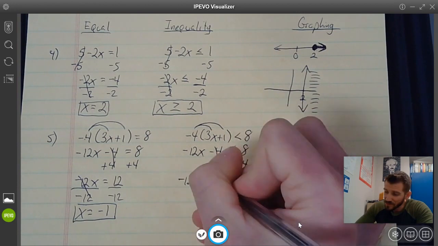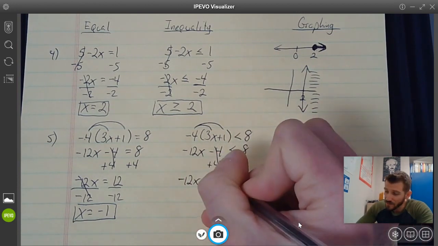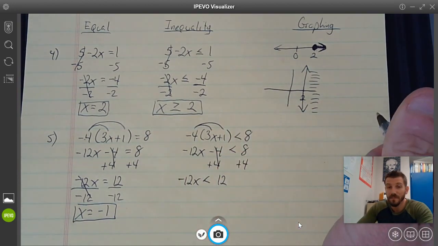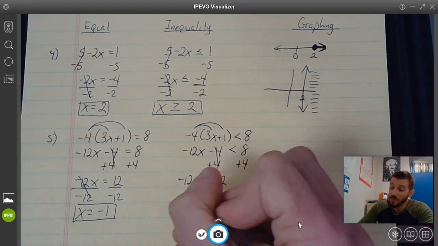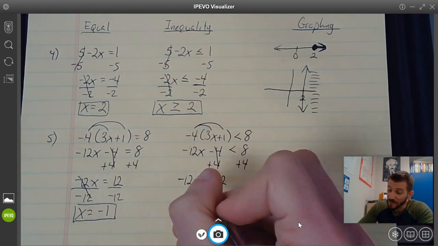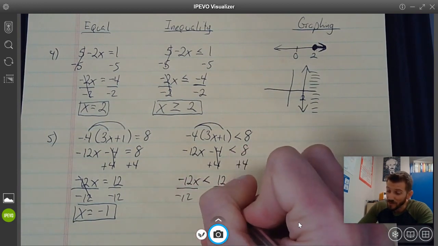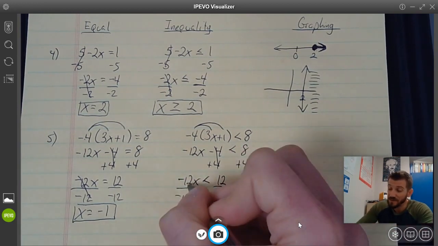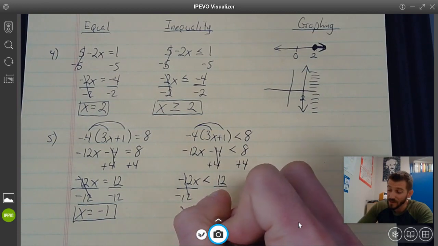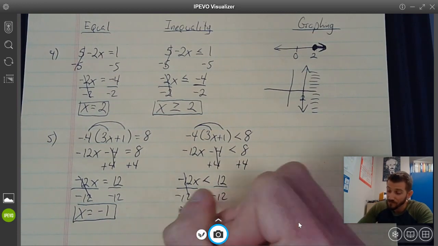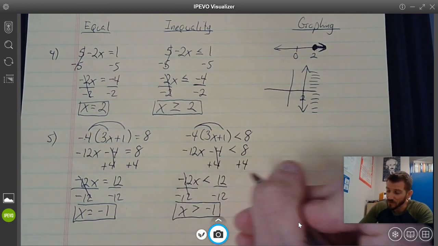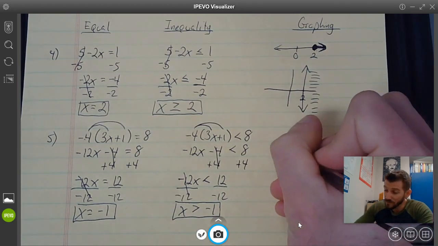Negative 12x is still less than 12. The last step, what do we do? Well, we divide by a negative 12. And when we do that, we are dividing both sides by a negative. Therefore, sign must flip. Okay, so x is greater than -1.